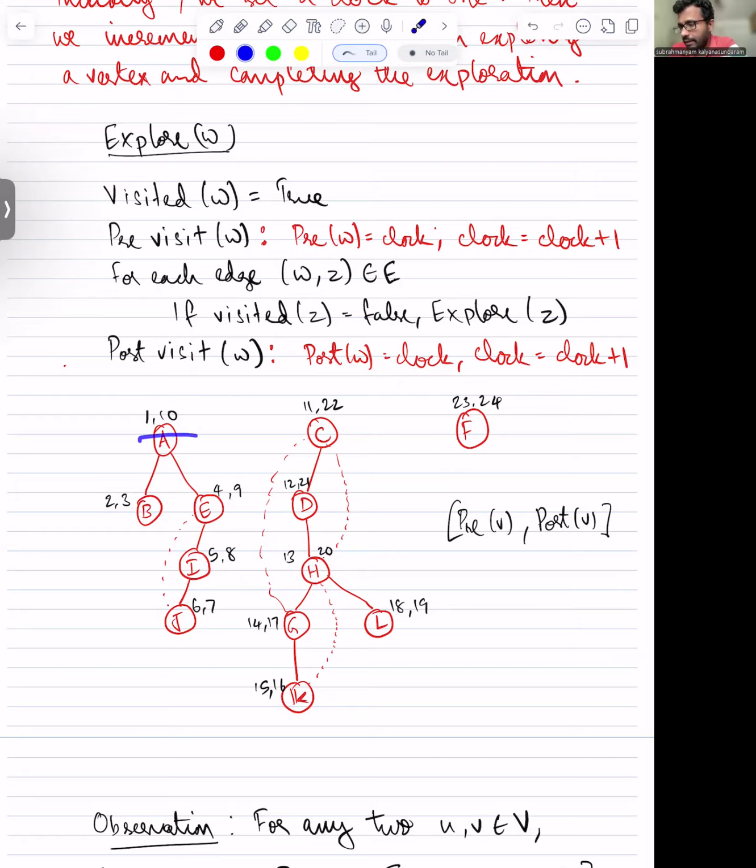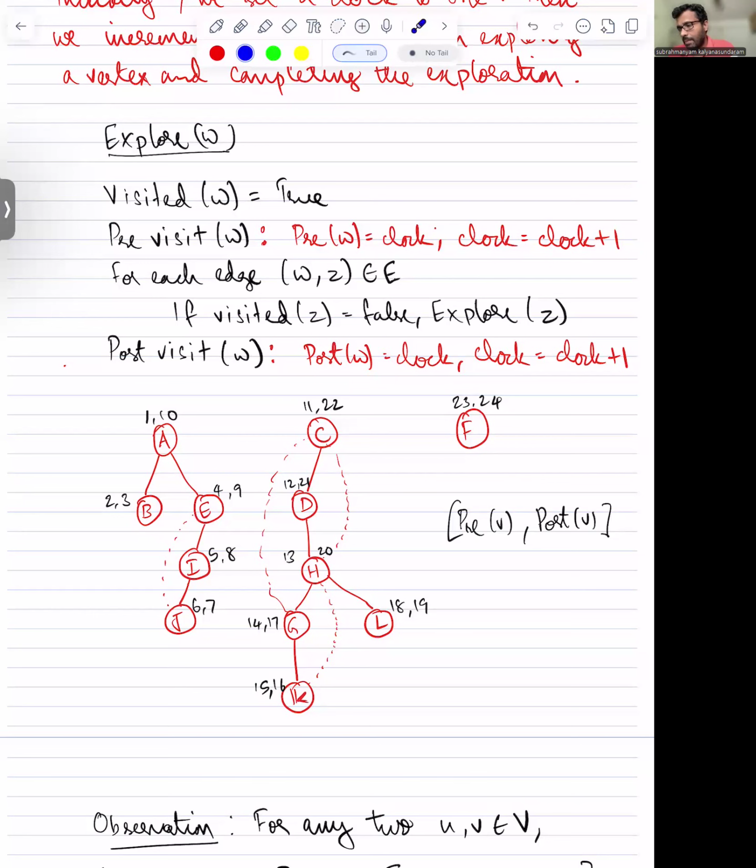In the case of A and E, the window for E is completely contained inside A. In the case of, let's say, A and C, the window for A is disjoint from that of C. In the case of, let's say, I and H, 5, 8 and 13, 20, they're disjoint.